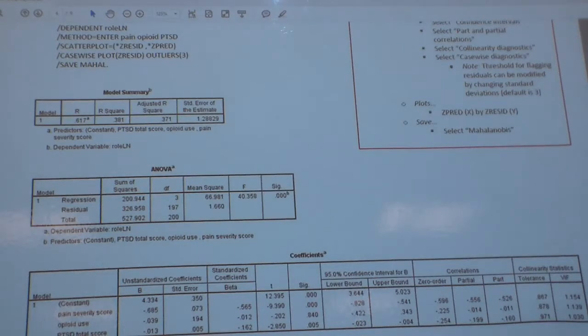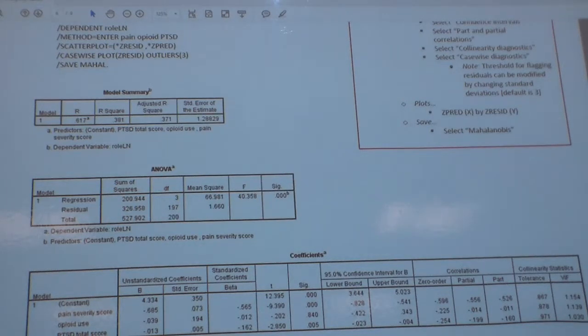If I square that, that gives me 0.27, 0.28, right?